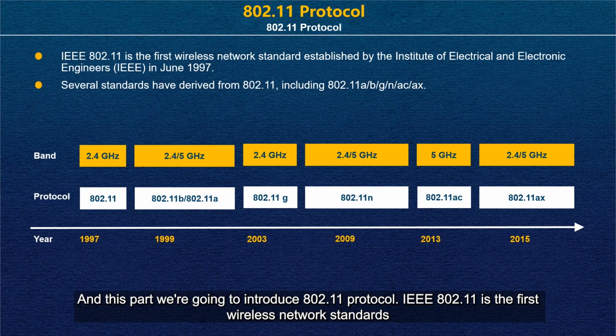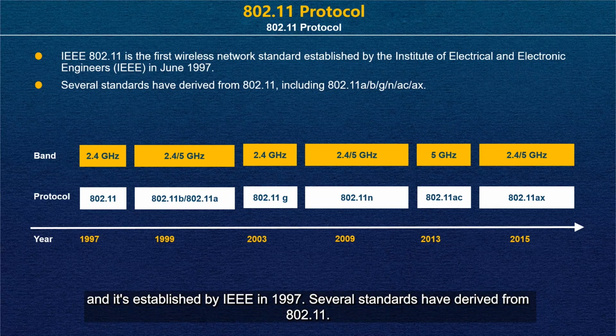Okay, in this part we're going to introduce the 802.11 protocol. IEEE 802.11 is the first wireless network standard, established by IEEE in 1997. Several standards have derived from 802.11.